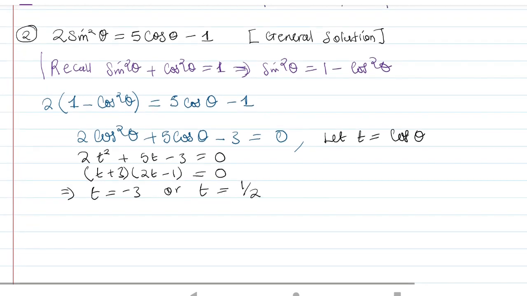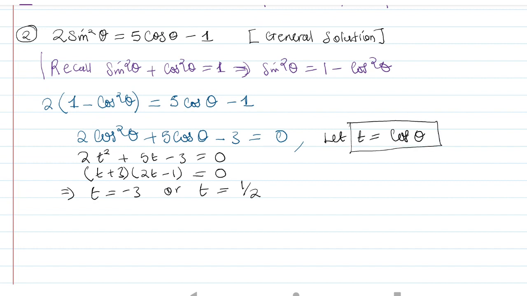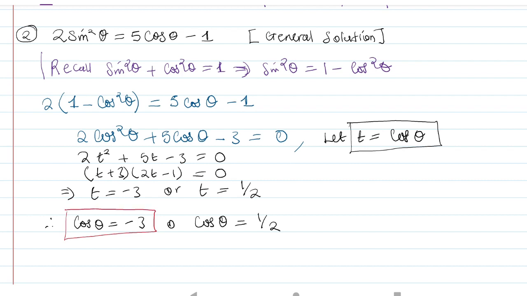Okay. But remember, we said t is cos theta. So therefore, cos theta is equal to negative 3, or cos theta is equal to 1 over 2. Now let us start with the first equation. The first equation says cos theta is equal to negative 3.